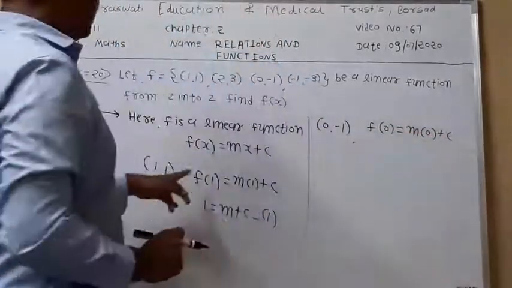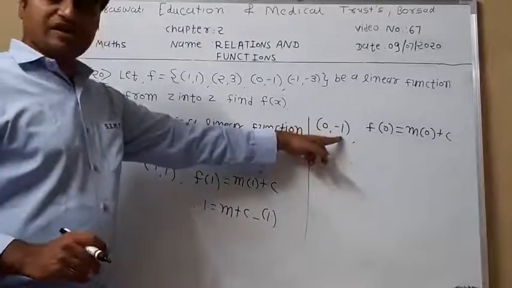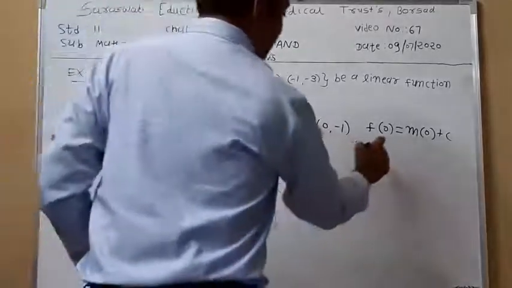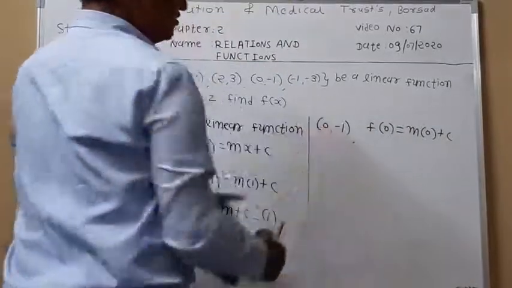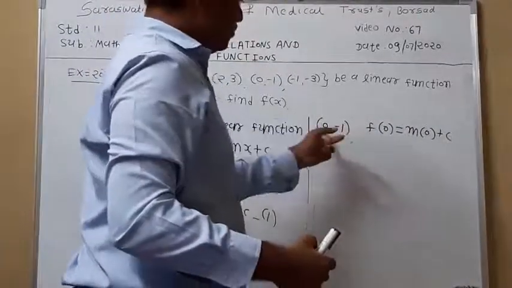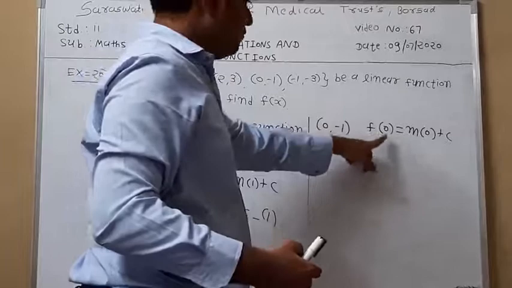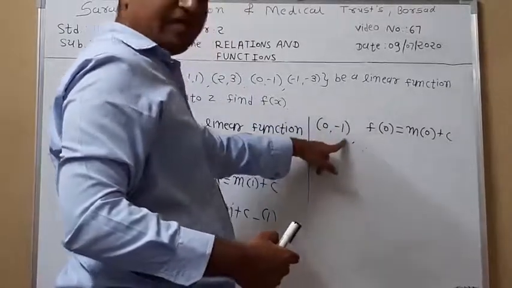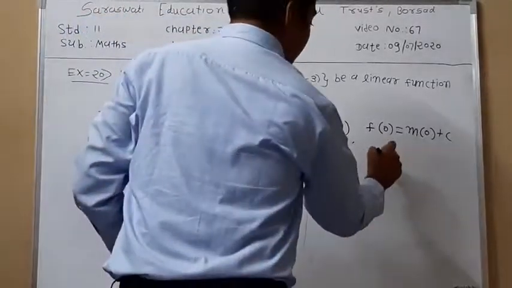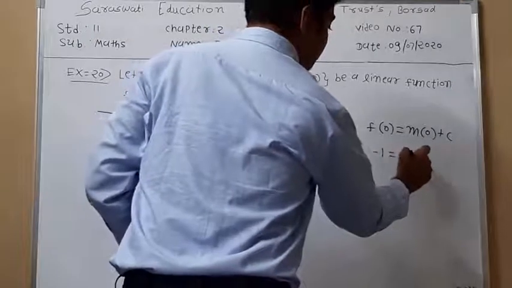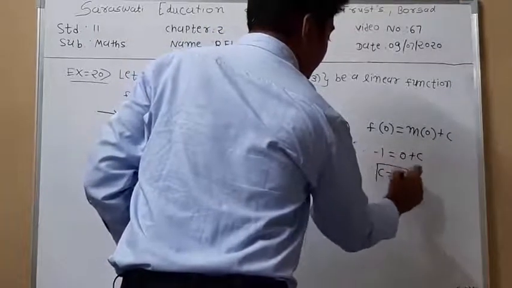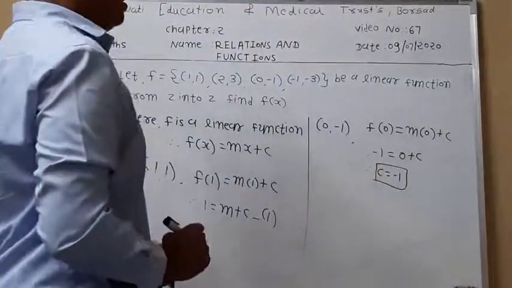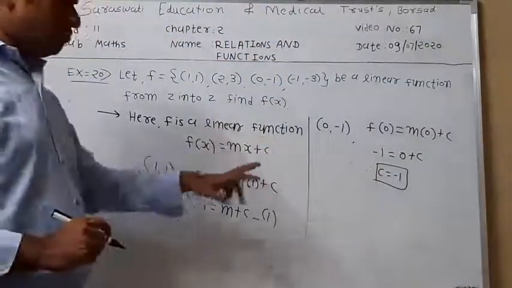Now the value of f of 0 is -1, where 0 is our domain and -1 is our range. So f of 0 is equal to -1. So we write -1 is equal to 0 plus c. Therefore c is equal to -1.